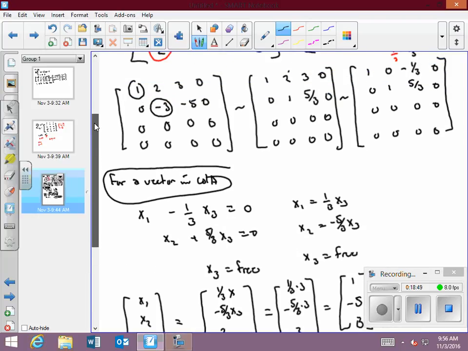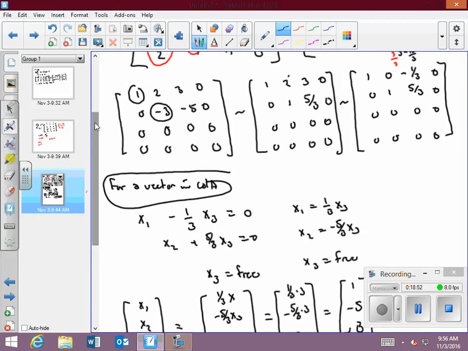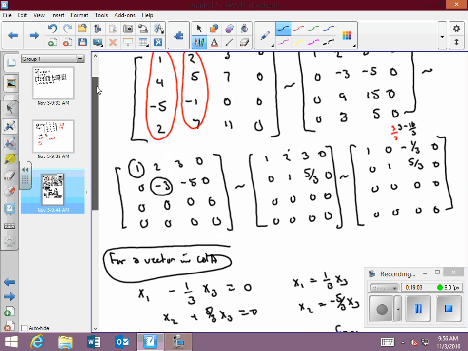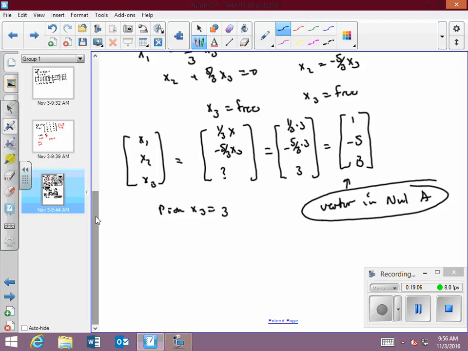Because here, you go to this point and you find the pivot points, and then you pick one of those vectors, and it's going to be one of those two red ones, and then you finish it off and do your parametrics, and then just pick one for your free variable. All right, any questions on that?